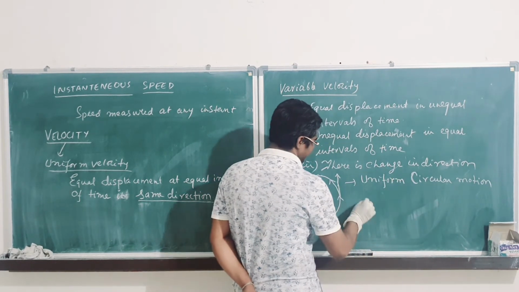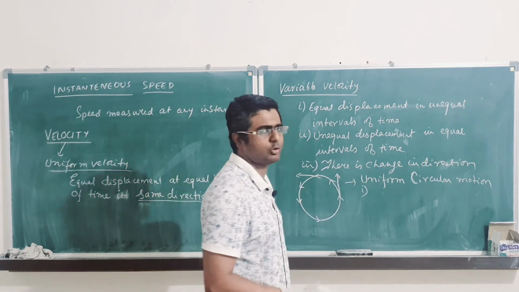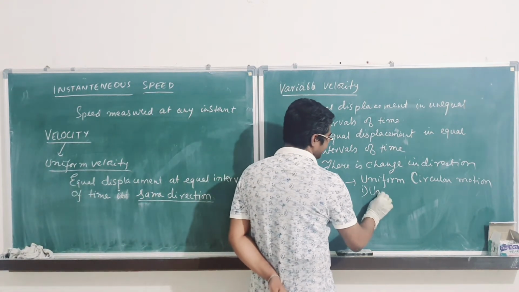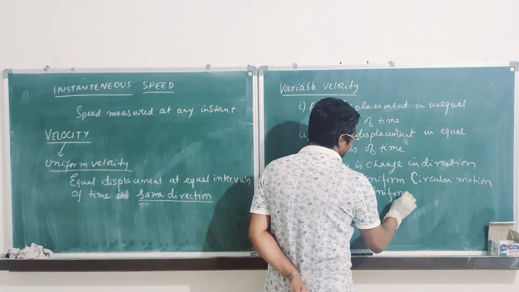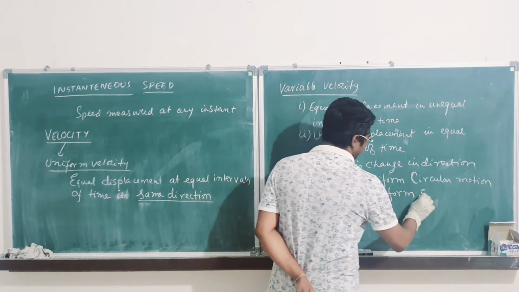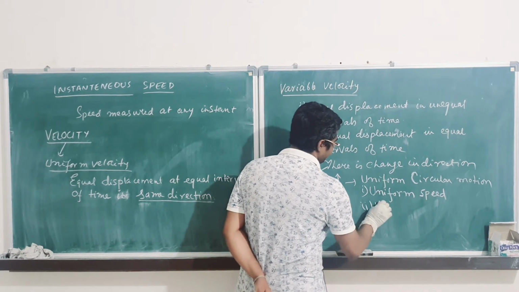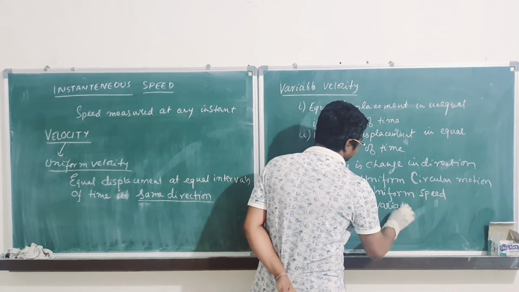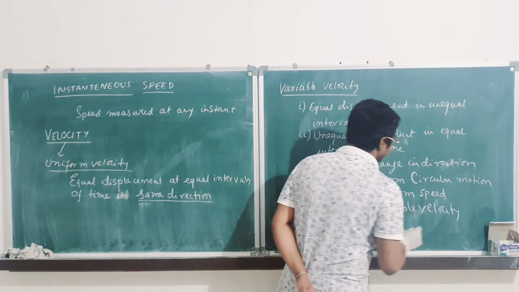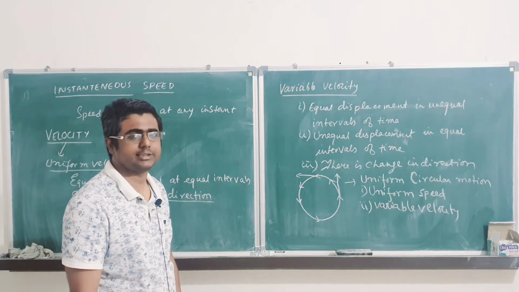In this case, it is having uniform speed, because it is traveling at the same speed, but it is having variable velocity. Why? Because direction is changing. You need to write, the reason is direction is changing.